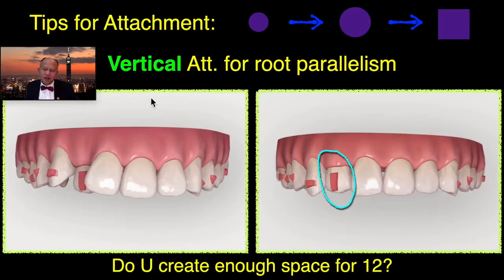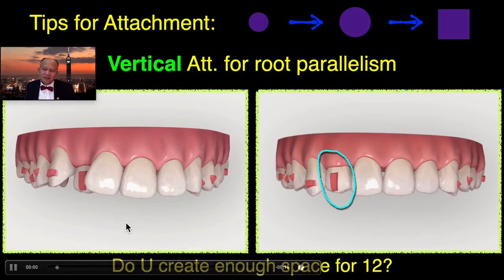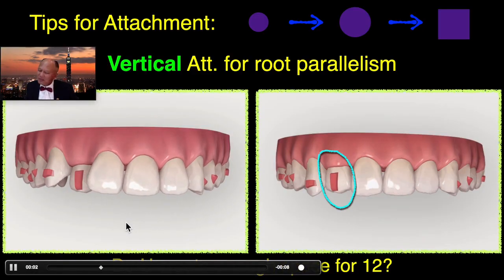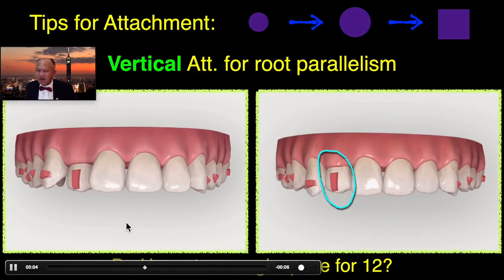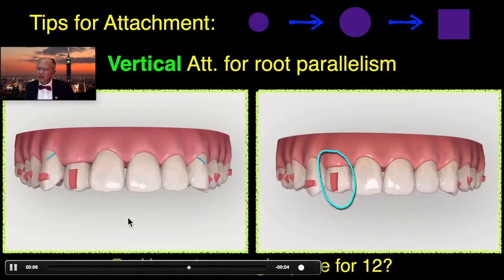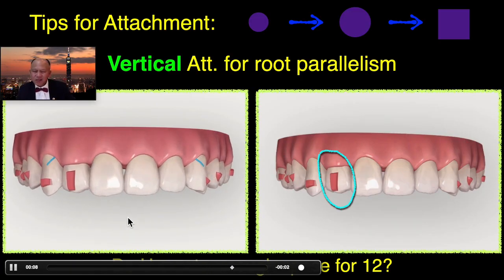And for the plugged-in lateral incisor, sometimes it's difficult to get it out. Once you get it out, you sometimes get obstruction or the root torque is not enough, so you need to prescribe more labial root torque, that sort of thing. But attachment is also important.